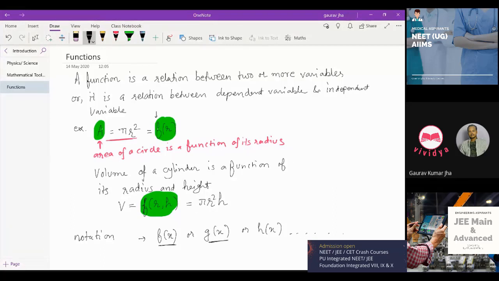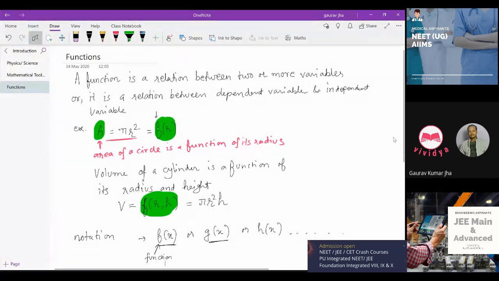So this is called a function, and it is read like this, function of x. If you write g of x, you are saying the function name is g and it's a function of x. It is h of x. You are saying h is the name of the function, and it is dependent on x.